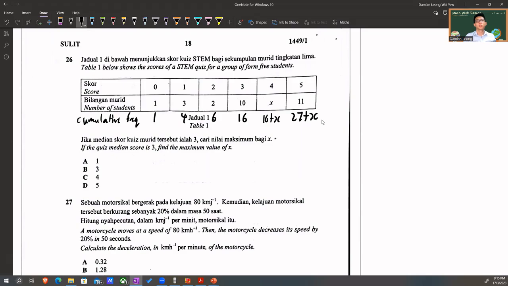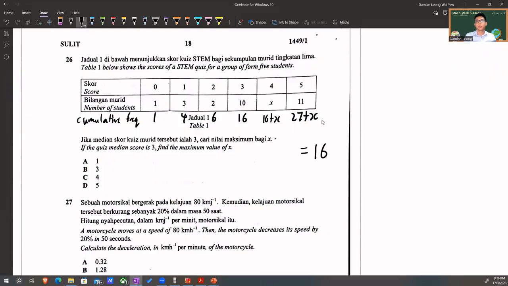So median score is 3. Means highest it can be for median is 16th value. Any more and it will be 4. So I want when it's 16 basically.